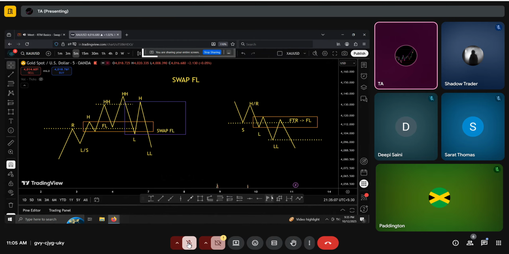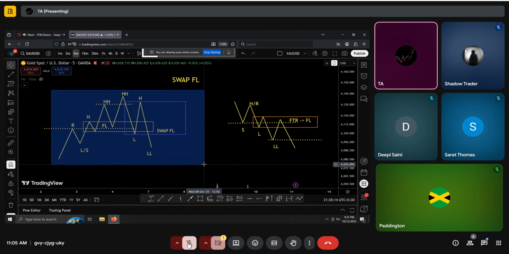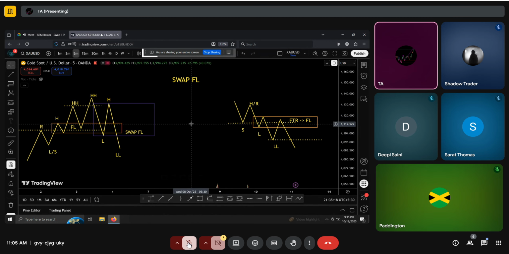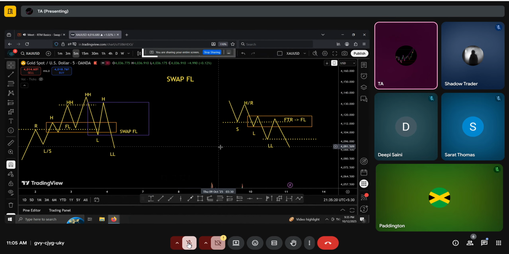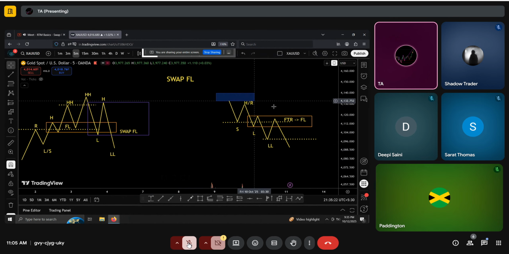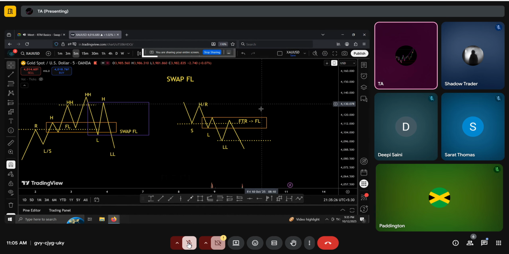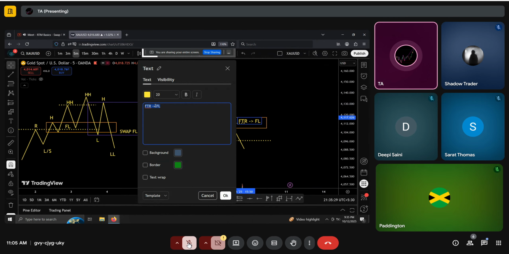Now let's see the bearish side. Shift it here and shift this one here. Same thing here. Now this is FL, so we can write only this as FL.